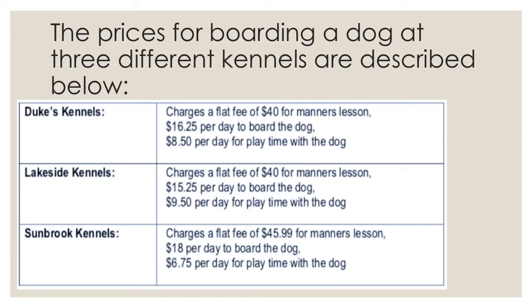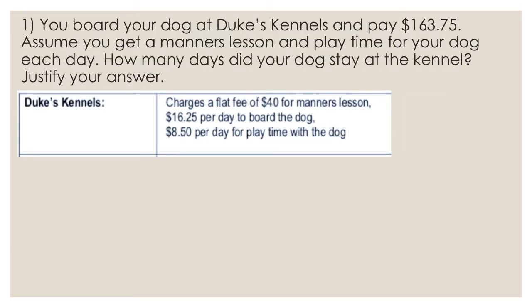So, let's look at some questions about these. You board your dog at Duke's Kennel and pay $163.75. Assume you get manners lessons and playtime for your dog each day. How many days did your dog stay at the kennel? So let's think about how we write these. First we need to define our variable.